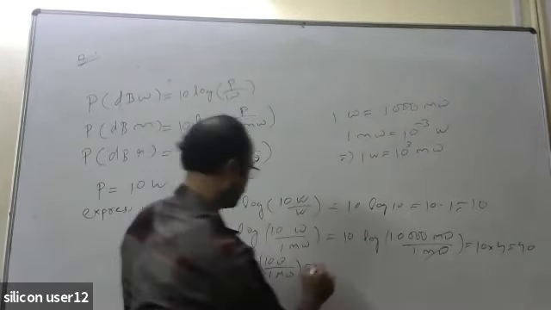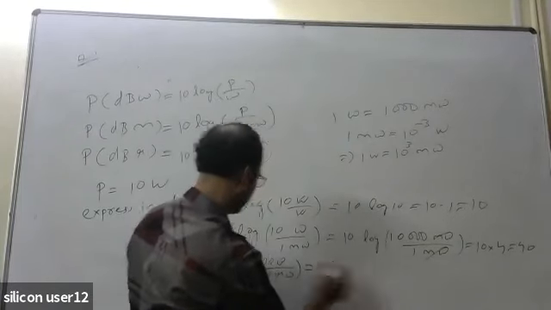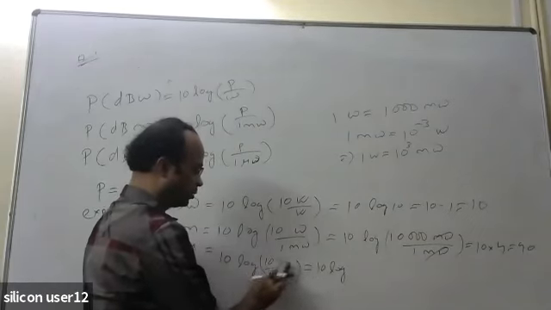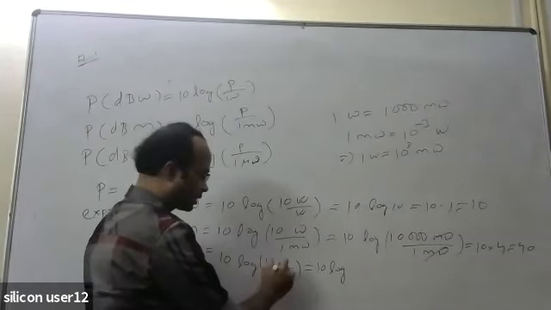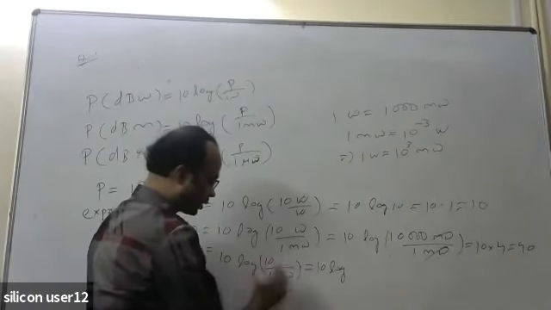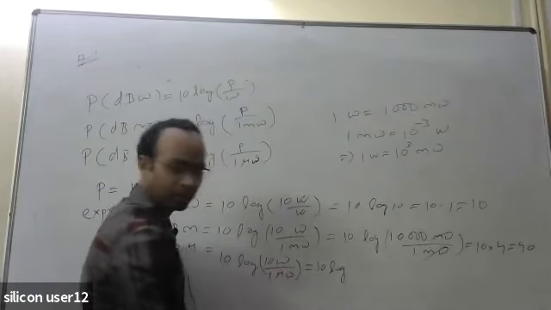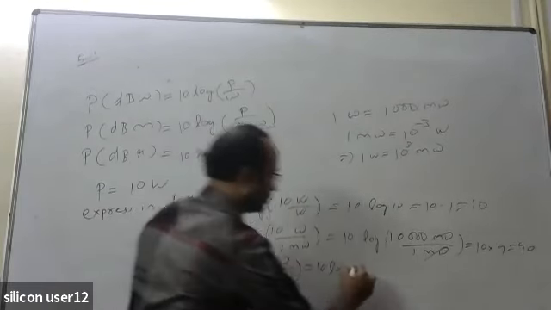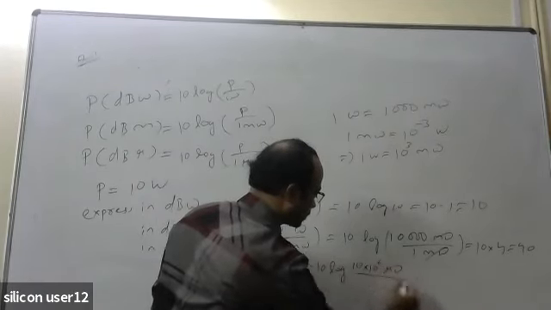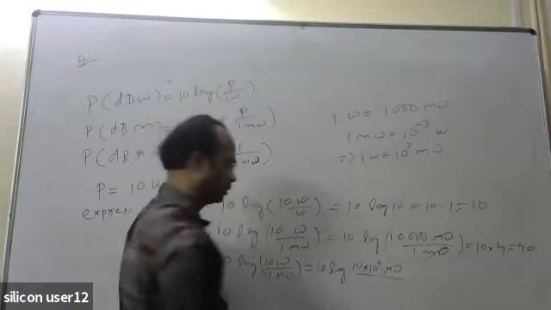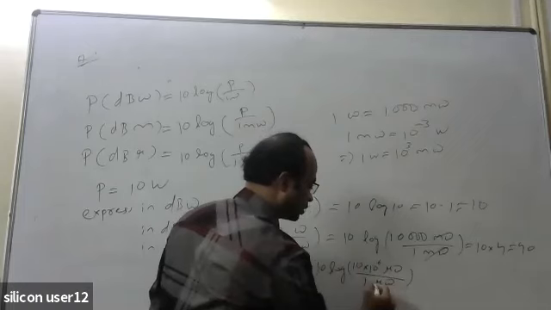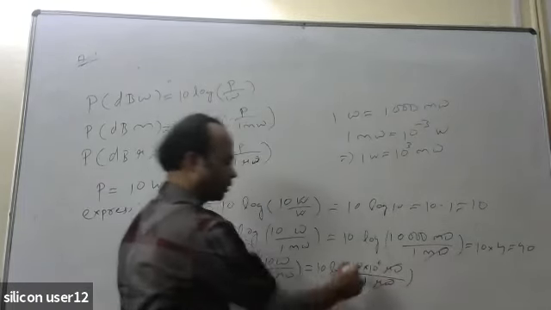The watt has to be converted to microwatt, so that the microwatt in the denominator cancels out. 10 watt is equal to 10 into 10 to the power 6 microwatt, by 1 microwatt. So microwatt cancels out and it becomes 10 to the power 7.